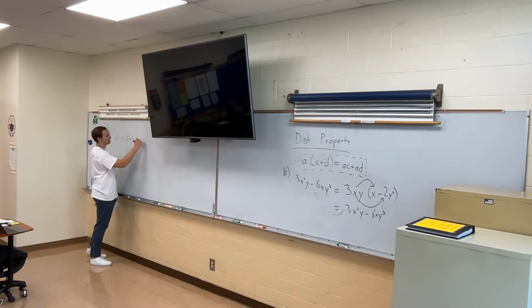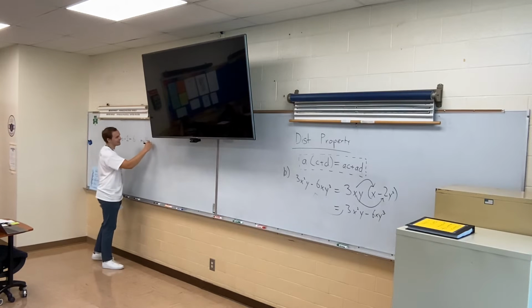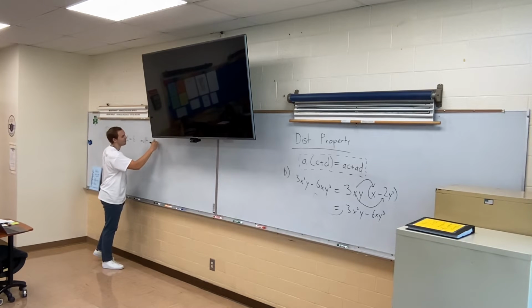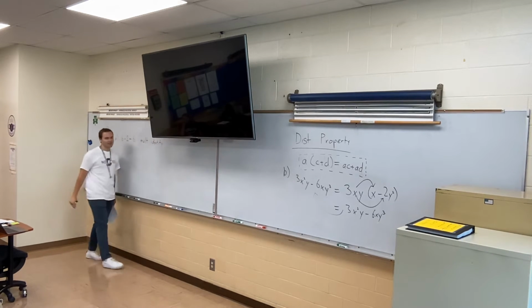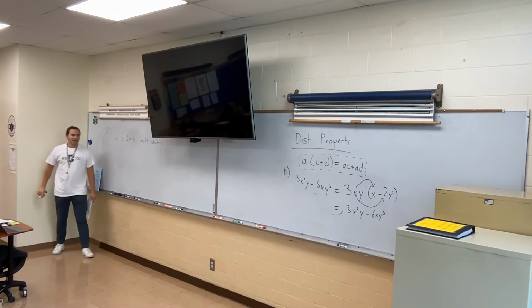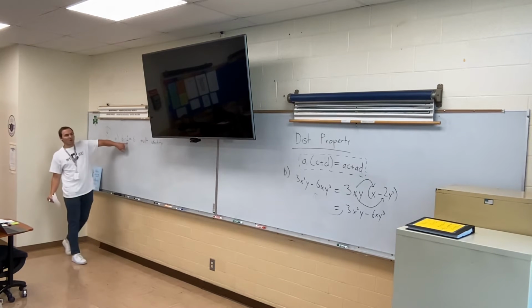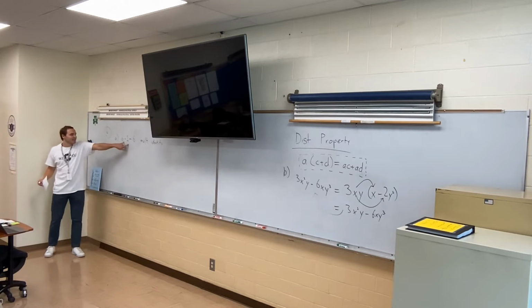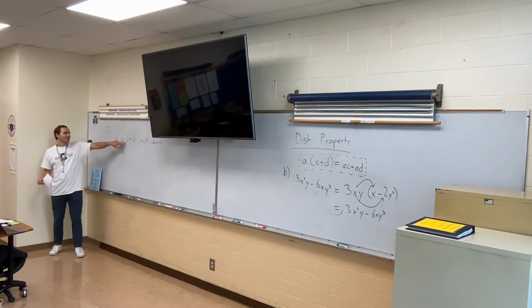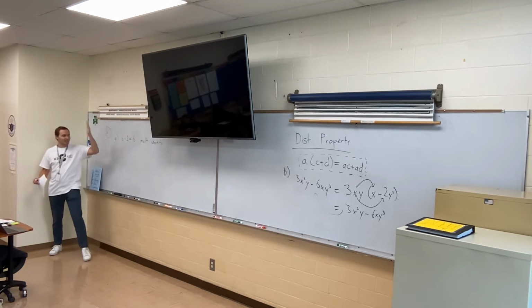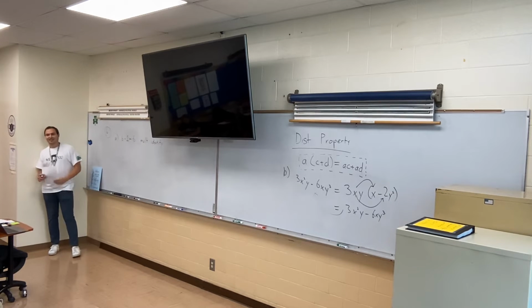So this is the multiplicative identity property. If you write mult identity, I'll take that. 1 is called the identity element. That means that if we multiply any number by 1, we just get that number back. And it's multiplicative because it's a multiplication.